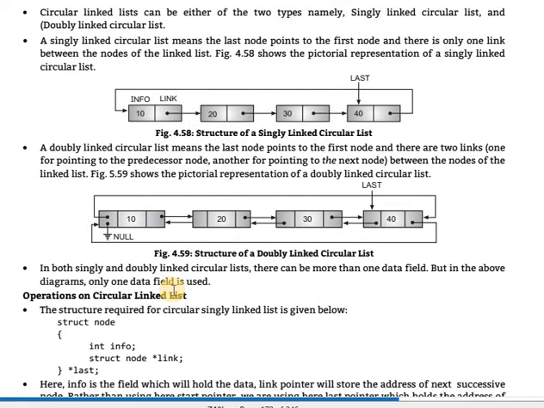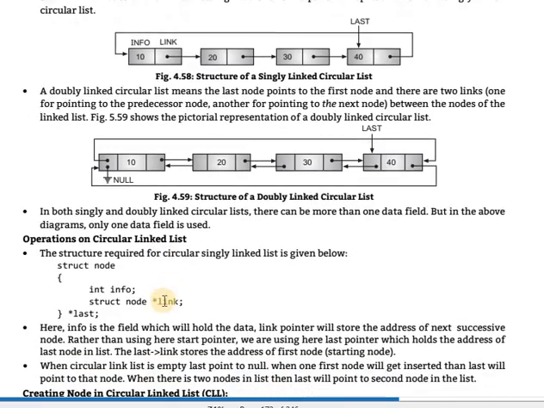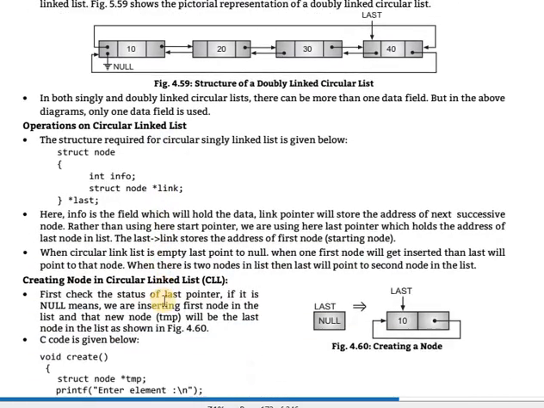Means, in a circular linked list, if we want to add more than one data field it is possible, but here only one data field is shown. More than one data field is possible in a circular linked list. Next point, operations on circular linked list.